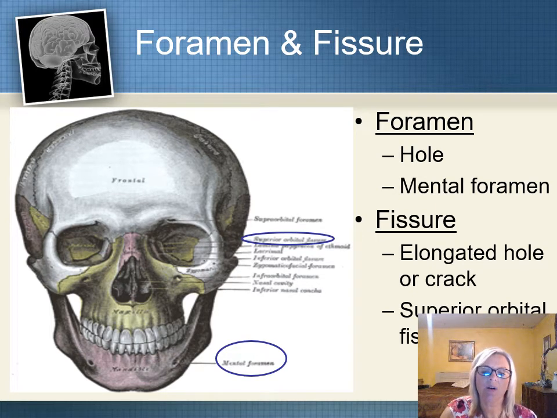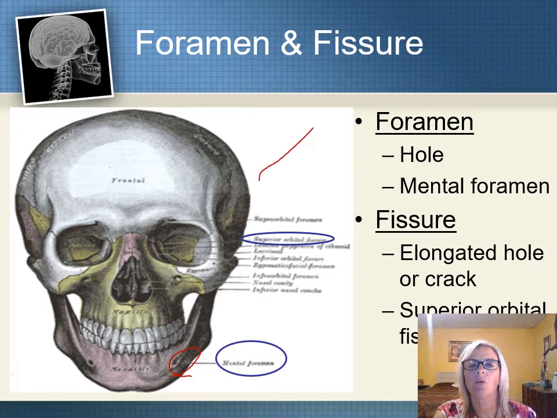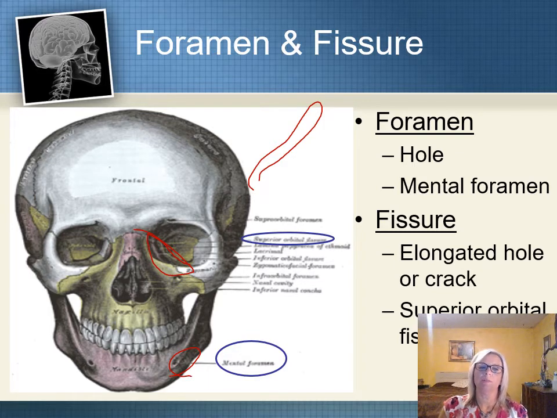Okay, and so here I've got circled the mental foramen. And then you can have a fissure, an elongated hole or crack, and my picture is probably blocking that out, but this says superior orbital fissure. So the superior orbital fissure is going to be a longer shaped hole. It's kind of hard to see, but the superior orbital fissure is there.